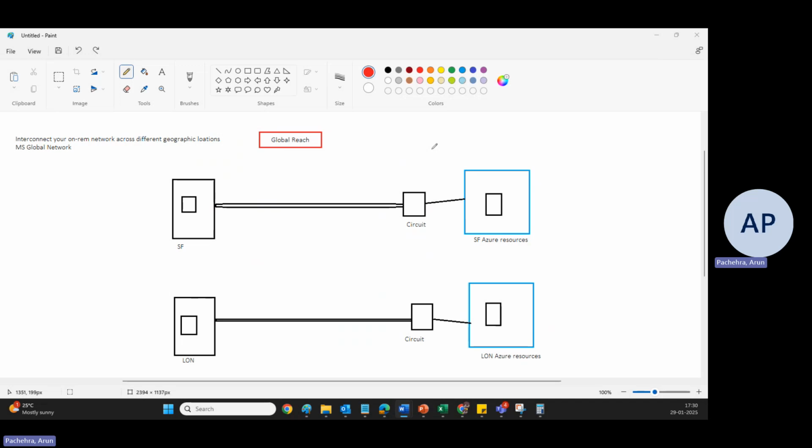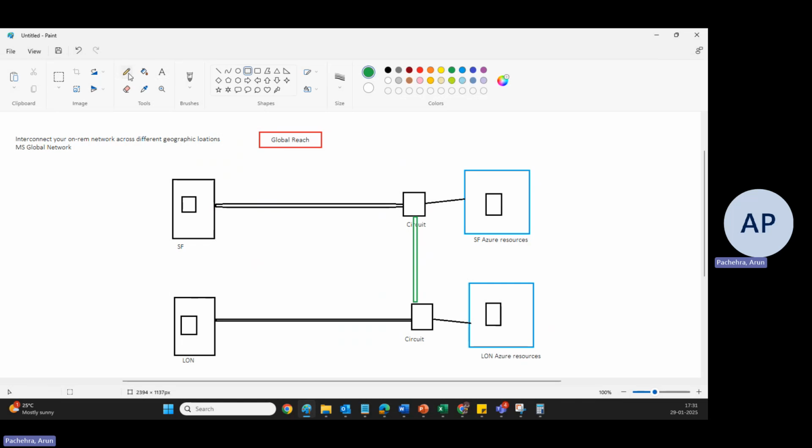Now, let's introduce Global Reach. ExpressRoute Global Reach addresses this limitation by linking your ExpressRoute circuits together. Now, what it will do is link these circuits together, creating a private network between your on-premises locations.